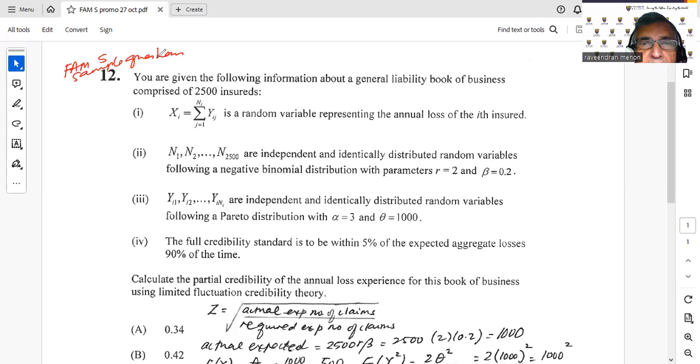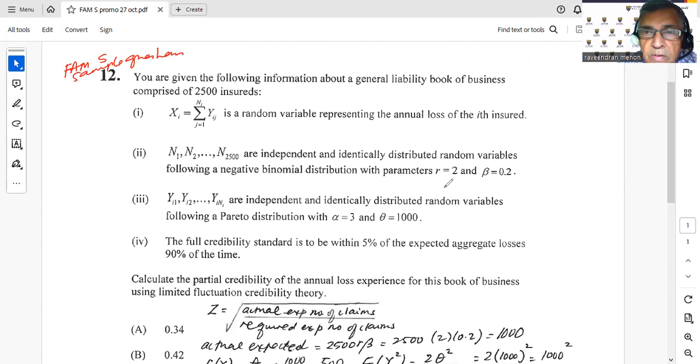You're given the following information about a general liability book of business comprised of 2,500 insureds. X_i is the summation of Y_ij, going from j equals 1 to N_i, a random variable representing the annual loss of the ith insured.